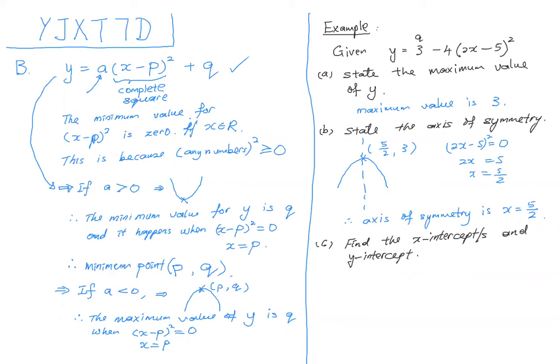So now to find the x-intercept, what do we do? We substitute y equal to 0, correct? So we have 0 equals 3 minus 4(2x minus 5) squared. Okay, how to solve this?